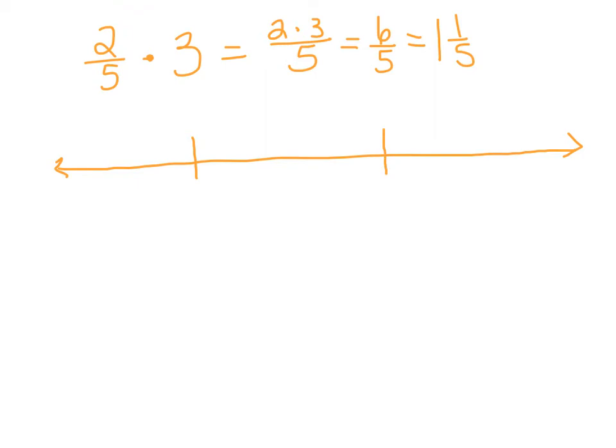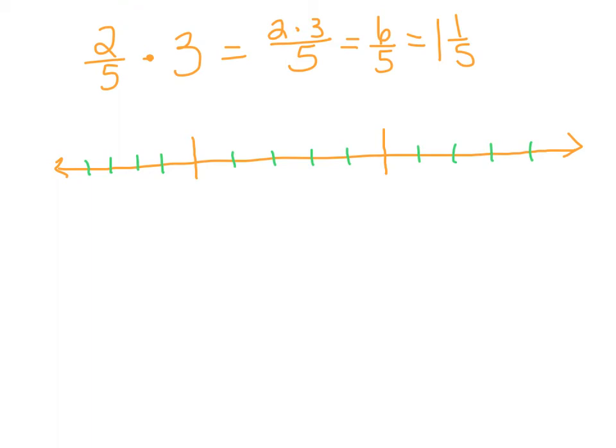Each hole will be divided into fifths, because 5 is the denominator of the factor in the problem. So I divide this one into 5 equal pieces by making 4 lines. I'll do the same here. And now there are 3 holes, and each hole is split into 5 pieces, or fifths.